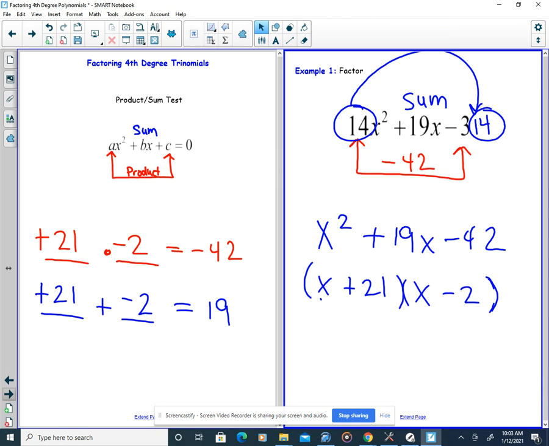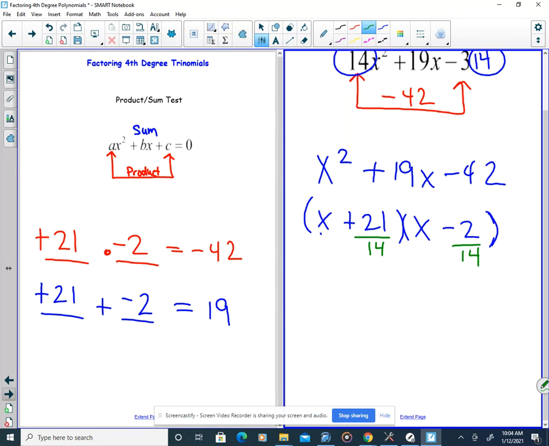And the method that we're using is called slip and slide. So what you need to do now is the 14 that you slipped to the back, you need to slide that back into your problem. And then you need to reduce these fractions. It's very important that you always remember when you're using slip and slide that you reduce your fractions. So we got 21 over 14.